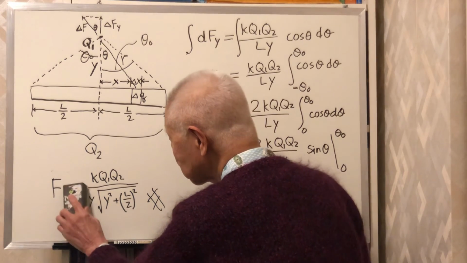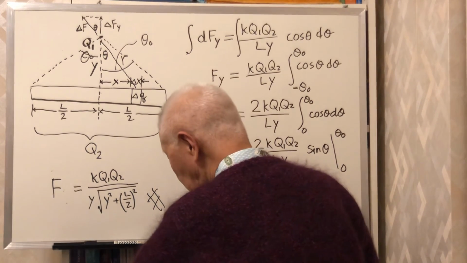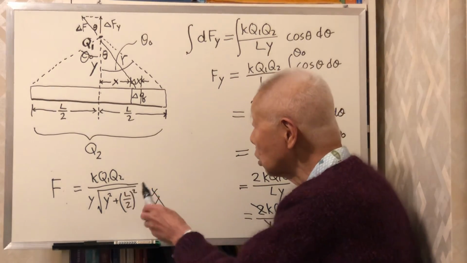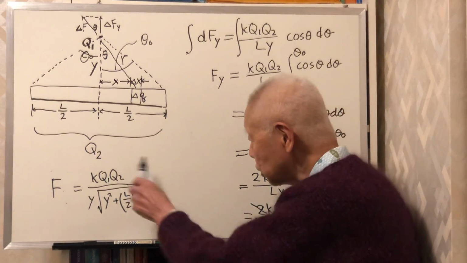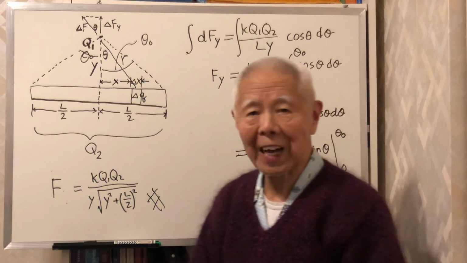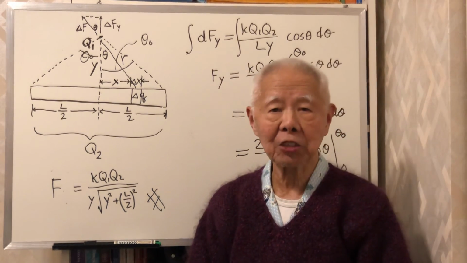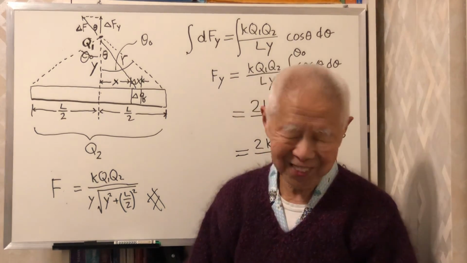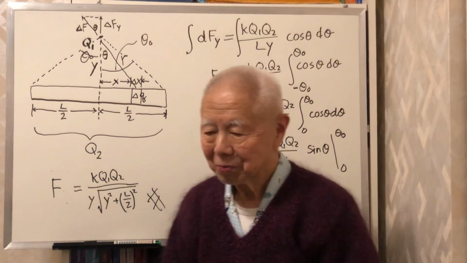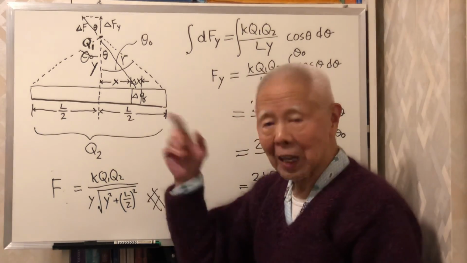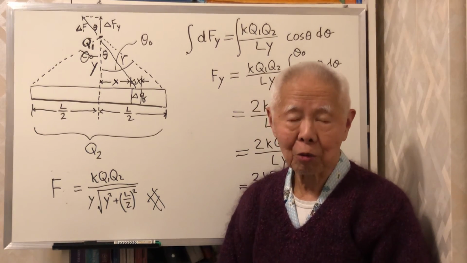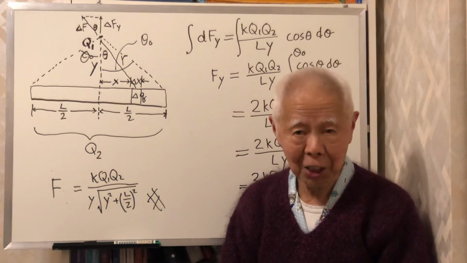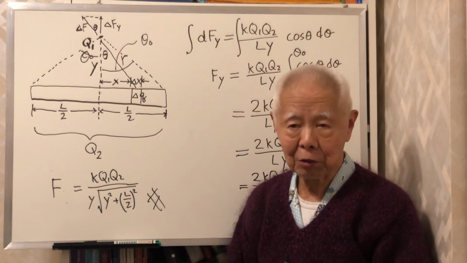The force on Q1 due to a uniformly distributed Q2 over a length L is this. And this is exactly the same as before, the last lecture, just using the table of integrals. Okay. This example is finished. So first we try the table of integrals, and then we do it mathematically using theta as a variable.